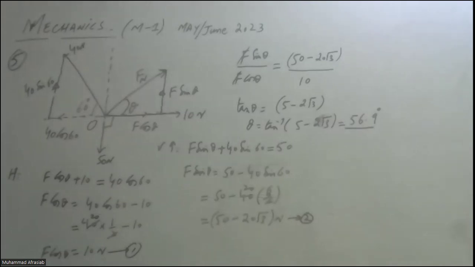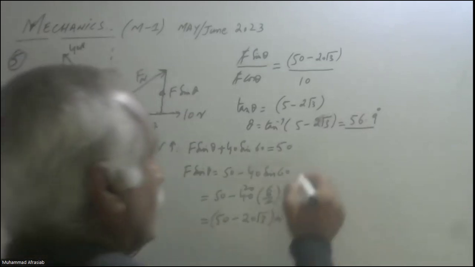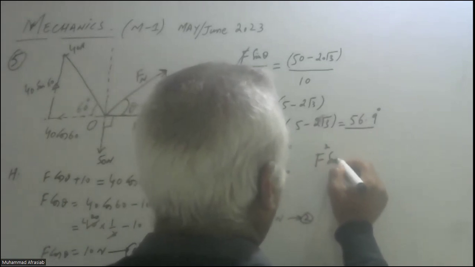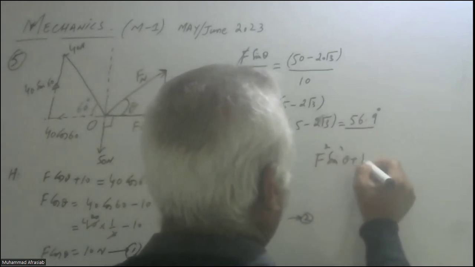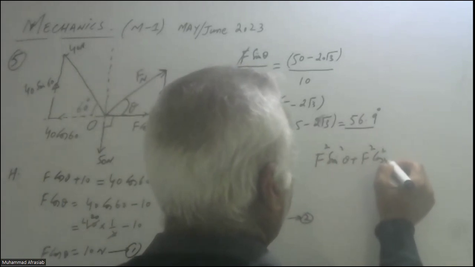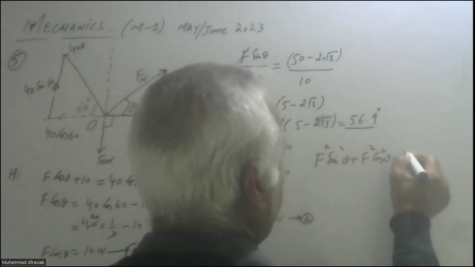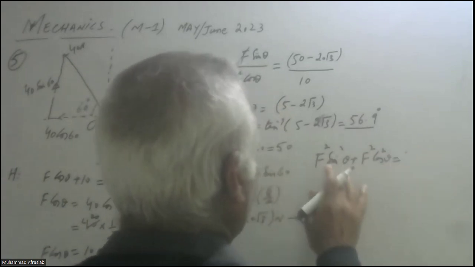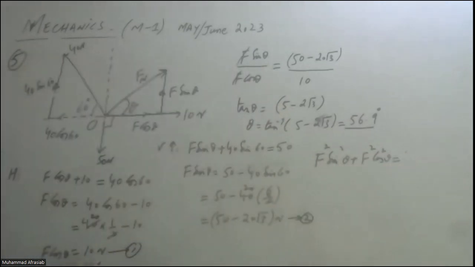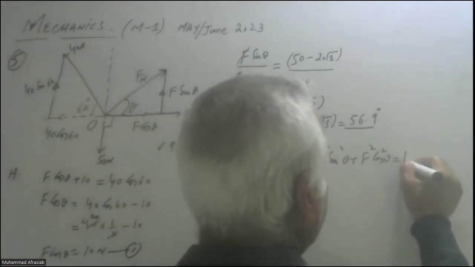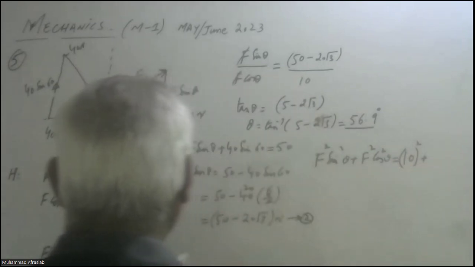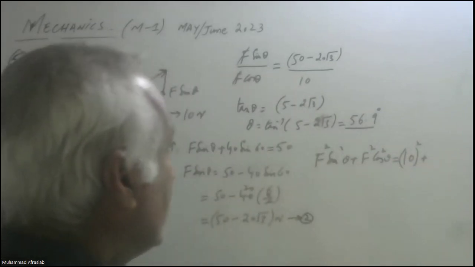And now you are going to calculate the value of F. From these 1 and 2, we know that if we make it F squared sine squared theta plus F squared cos squared theta, then F sine theta whole squared is equal to 10 whole squared plus F cos theta whole squared.